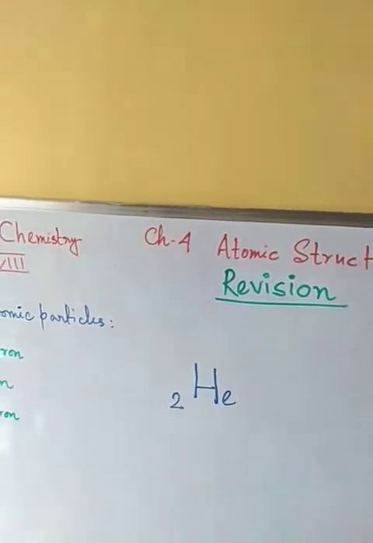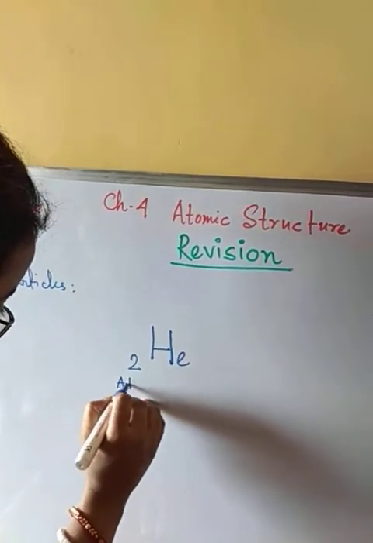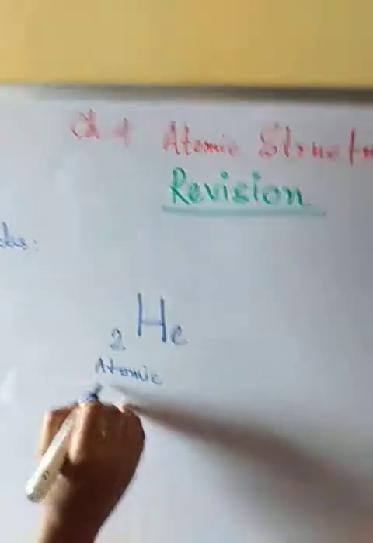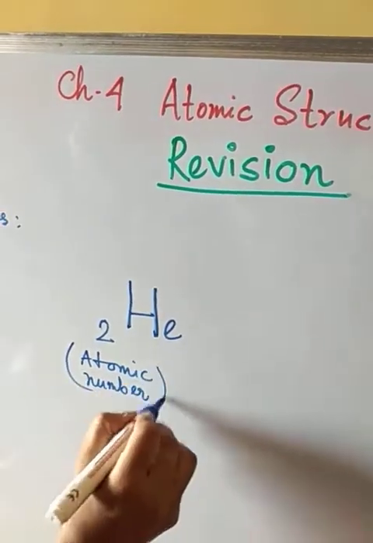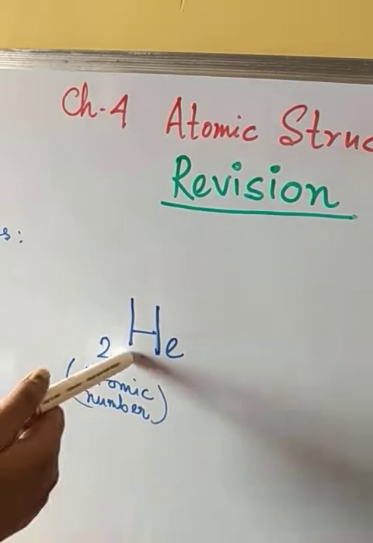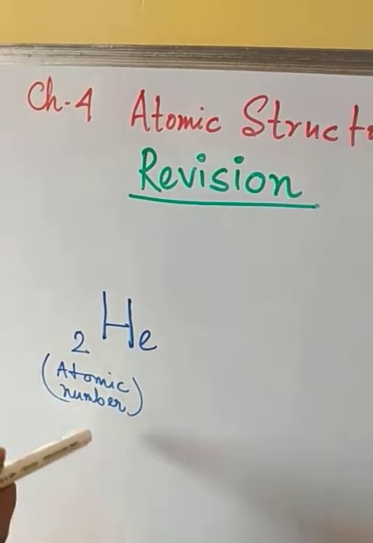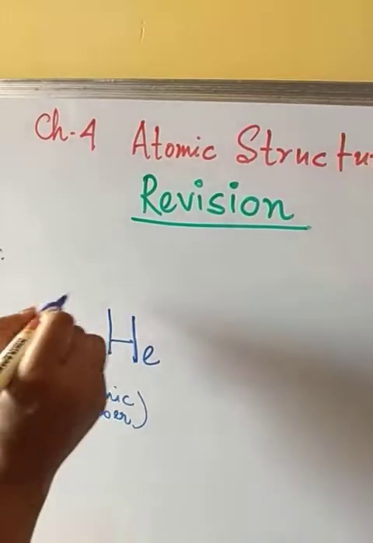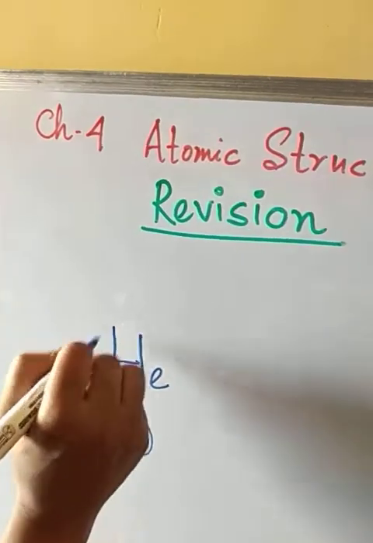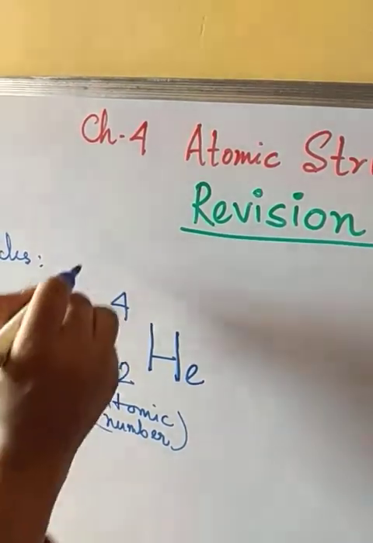So this is the atomic number; at this place we will be writing the atomic number of any element or atom. And here we are using the mass number. Mass number for helium is 4.